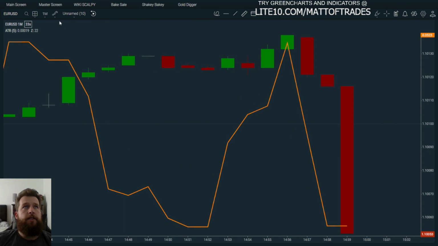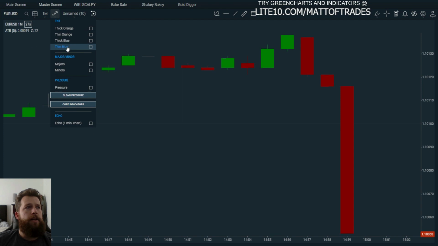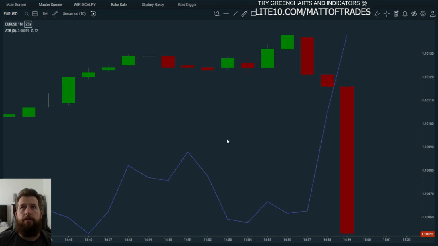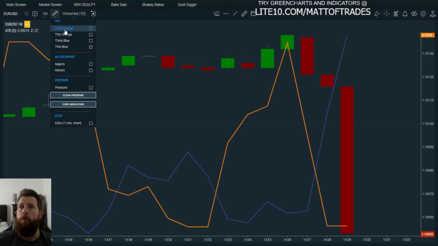Okay, so now, the thin blue is also a speed indicator, similar to the thick orange. Ideally, you use all these in conjunction with each other, but you can almost look at that as the opposite of the thick orange.